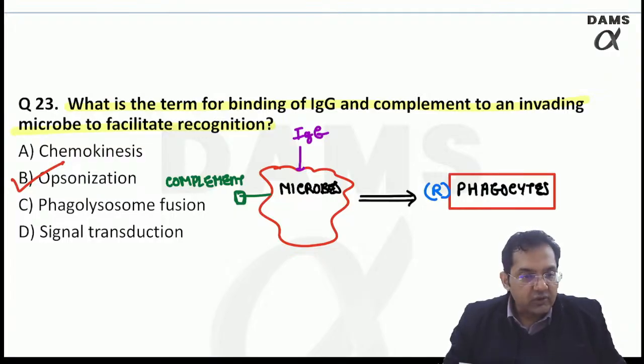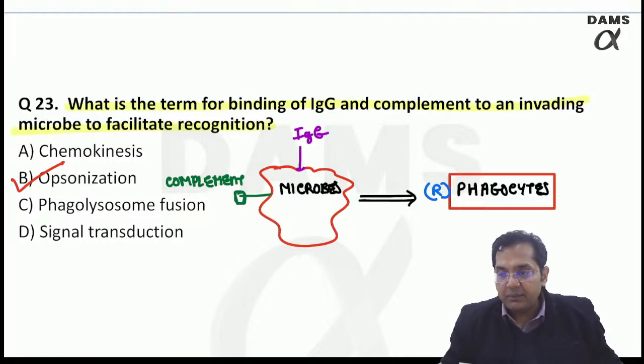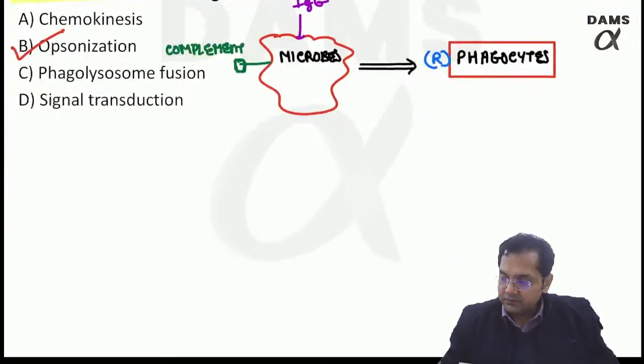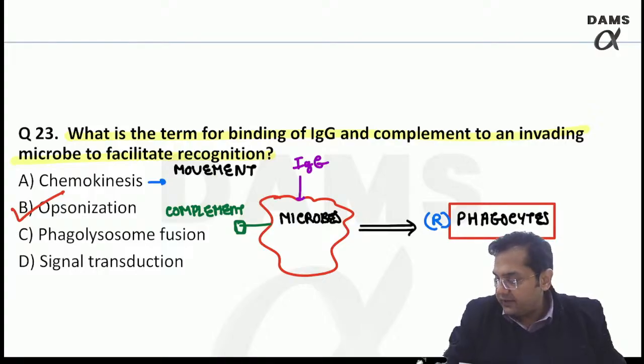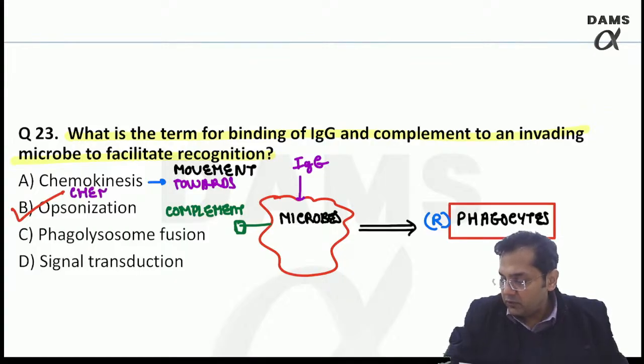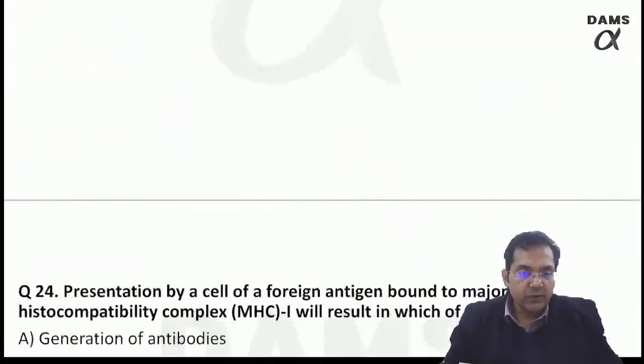Phagolysosome fusion is also wrong. That will happen once the phagocytes digest the microbe. And chemokinesis means movement towards the chemicals, movement of the bacteria and microbes towards chemical triggers, chemical stimuli. So that will also be wrong. Okay. Chemokinesis, movement towards chemotactic factors. Okay. Let's move to 24.